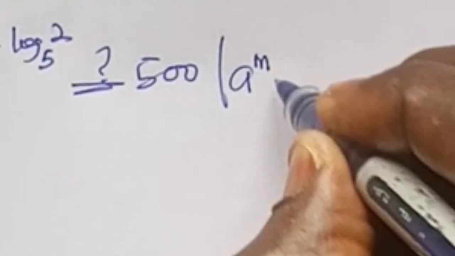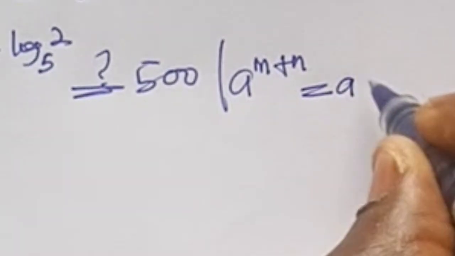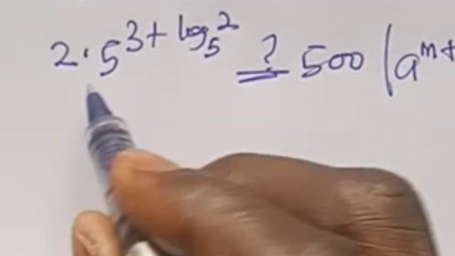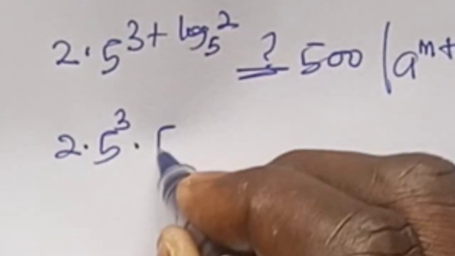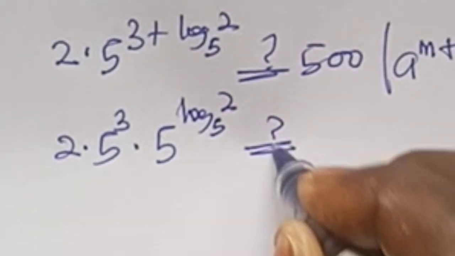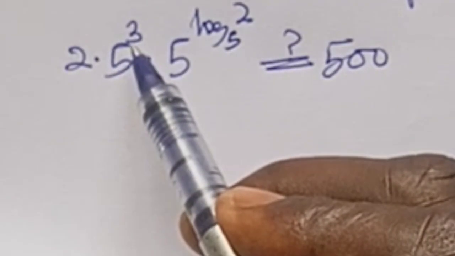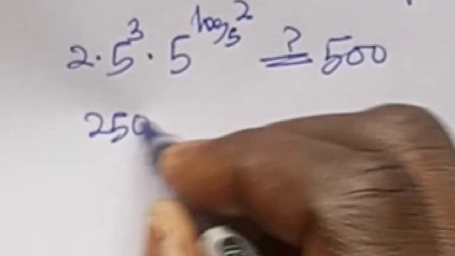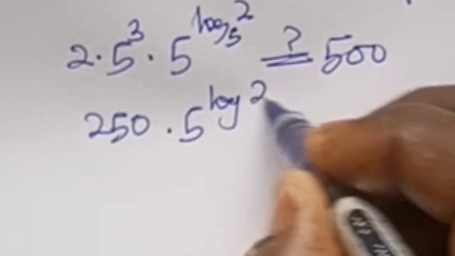But a to the power of m plus n can be represented as a to the power of m times a to the power of n. So our equation becomes 2 times 5 to the power of 3 times 5 to the power of log 2 base 5. Can this be equal to 500? 5 to the power of 3 is 125, times 2, that is 250, times 5 to the power of log 2 base 5.